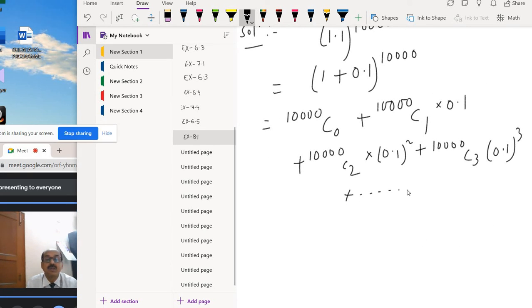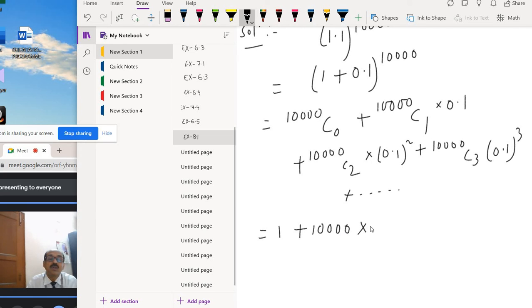Now 10,000 C0 is 1, so it is 1 plus nC1. nC1 means factorial n by factorial n minus 1, and factorial n means n into n minus 1 factorial, so n minus 1 factorial cancels, so it is n, that means 10,000.